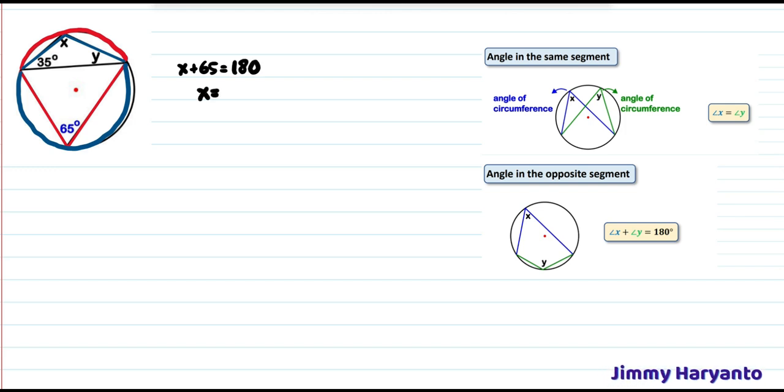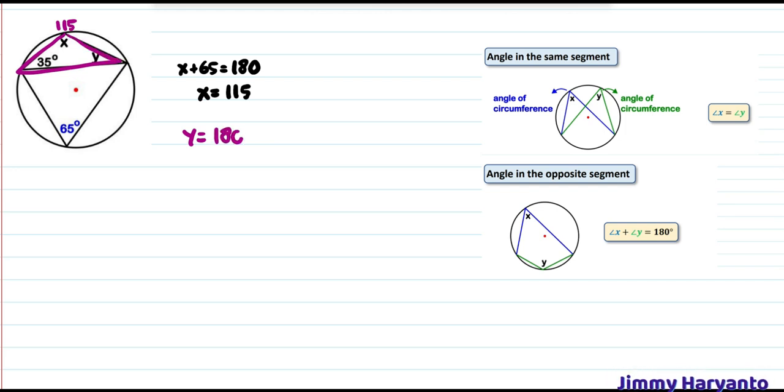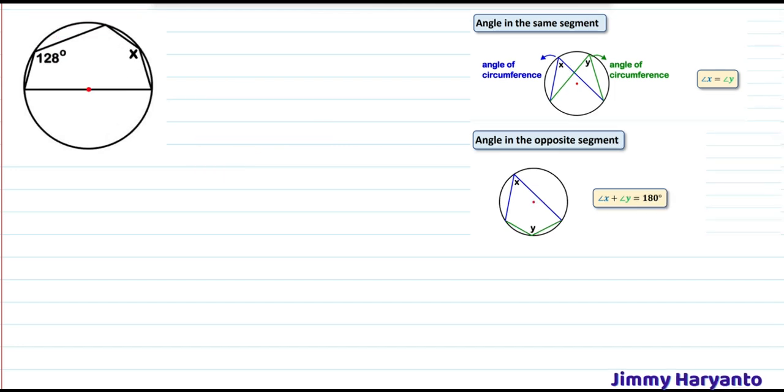That means x equals 115. So x equals 115, and then to find the y, you only have to use this triangle. So 180 minus 35 minus 115, and y equals 30. So y equals 30.